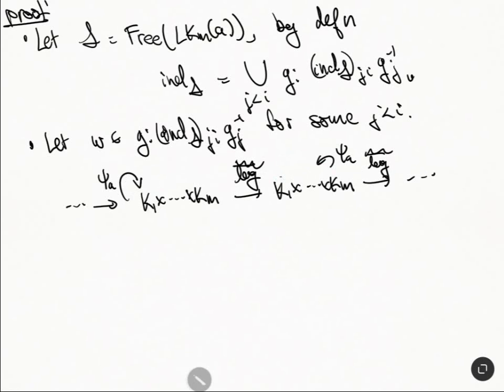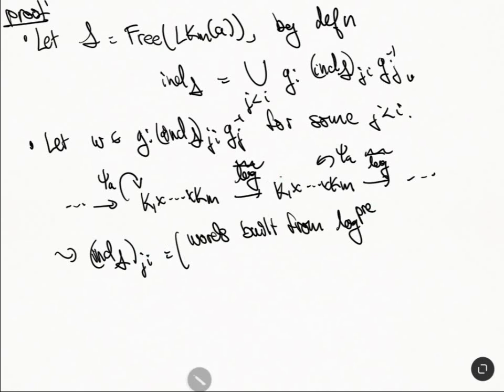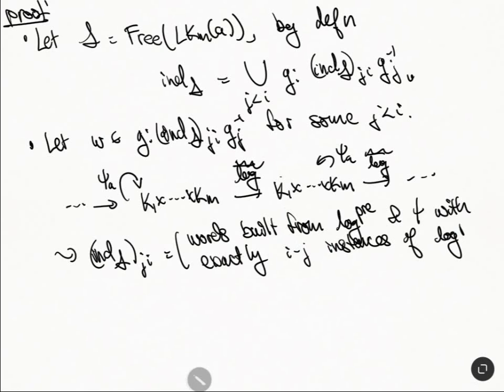This tells us that this thing S_ji is words built from log pre and psi with exactly i minus j instances of log pre. That's how you get over; you only get over by doing a log pre.